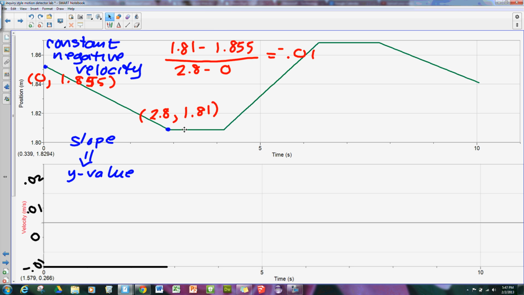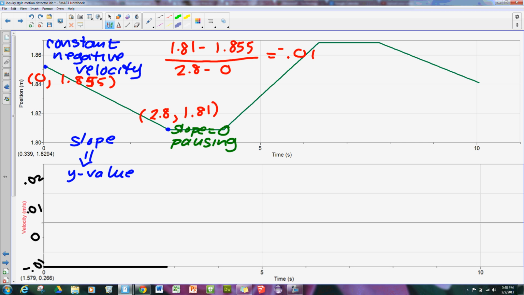Now the next time segment is a horizontal line, and the slope of a horizontal line is 0, which means the object has a velocity of 0. The other way we can say that is it's pausing. So there will be a transition.